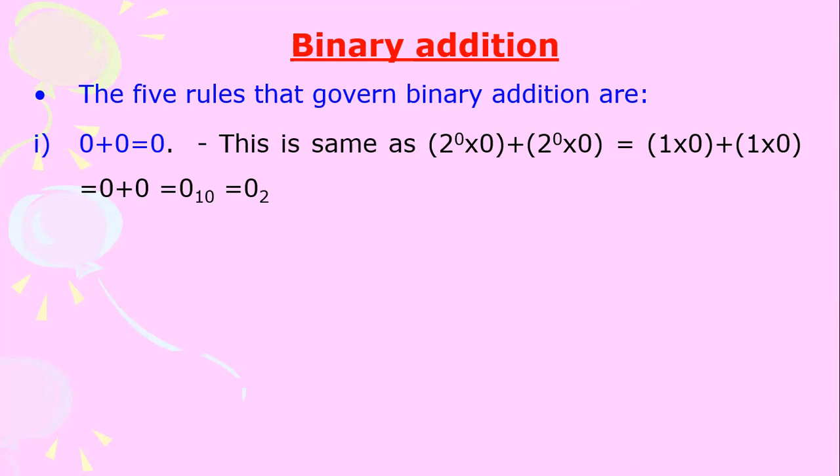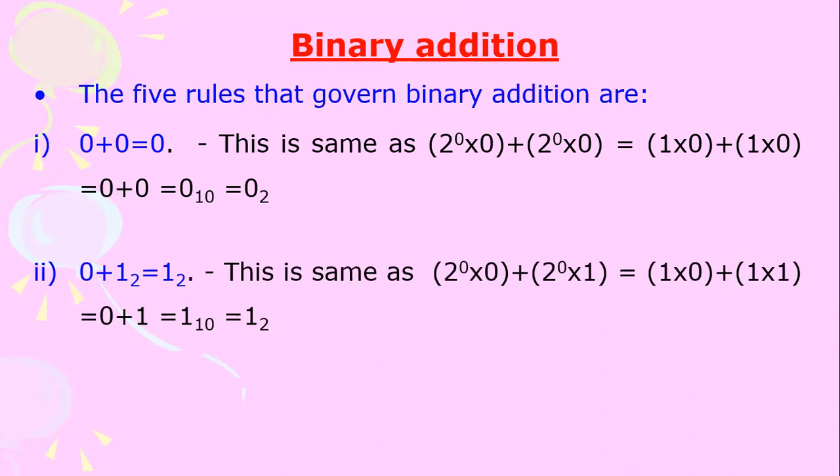So 1 times 0 plus 1 times 0, that is the same as 0 plus 0, which gives us 0 in decimal. And it is also equivalent to 0 in binary.